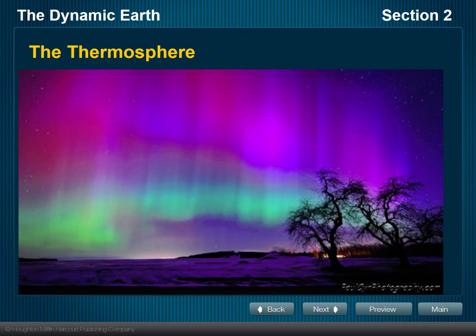In the thermosphere, the absorption of X-rays and gamma rays by nitrogen and oxygen causes atoms to become electrically charged. These electrically charged atoms are called ions, and ions can radiate energy as sunlight. These lights often glow in spectacular colors in the night skies near Earth's north and south poles. This phenomenon is called the aurora borealis.